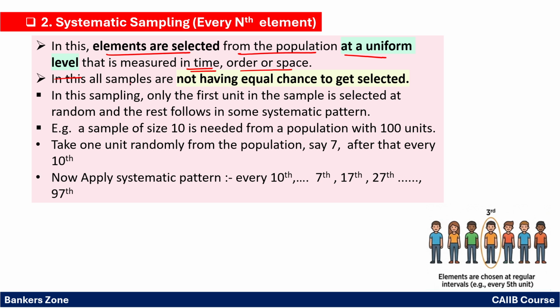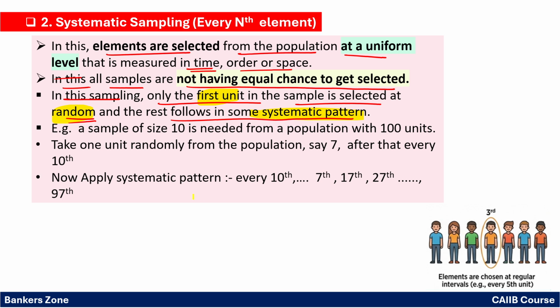In this, all the samples do not have an equal chance of being selected, unlike the previous one. Only the first unit in the sample is selected at random and the rest follow some systematic pattern. Very important: the first unit we select randomly, and after that we follow a systematic pattern.